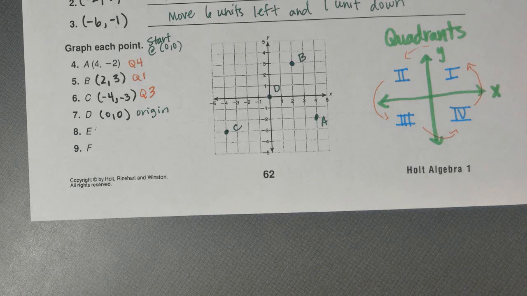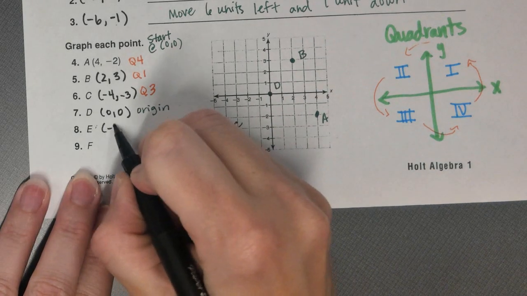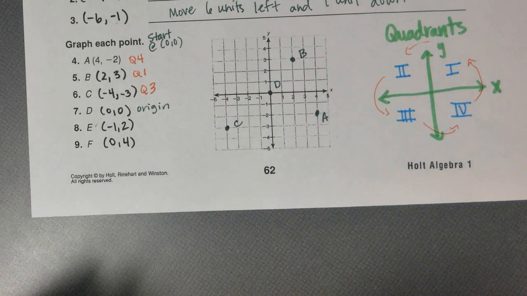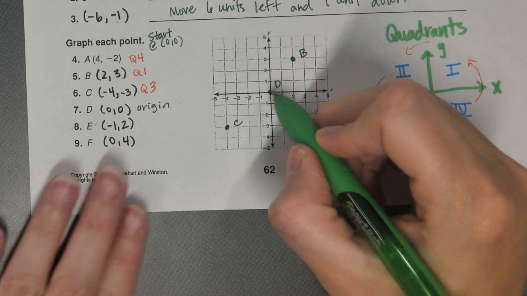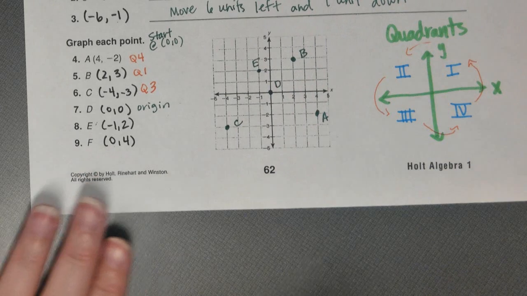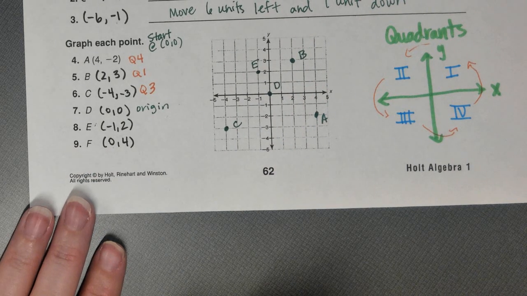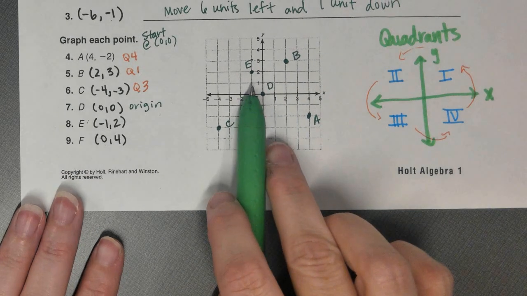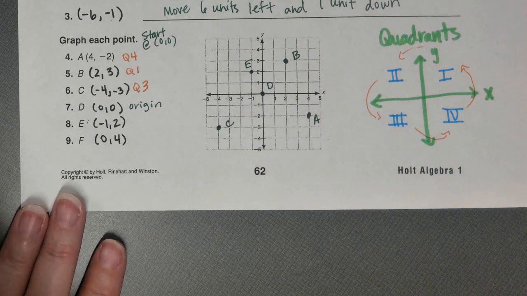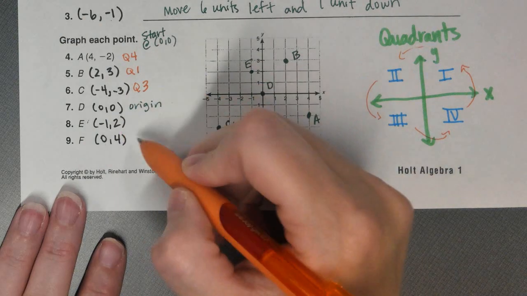Okay, and then for E, we have negative 1, 2, and we have 0, 4. Okay, so negative 1, up 2. Again, don't forget to label with your letters. And then, what quadrant is E going to be in? 2. Quadrant 2.